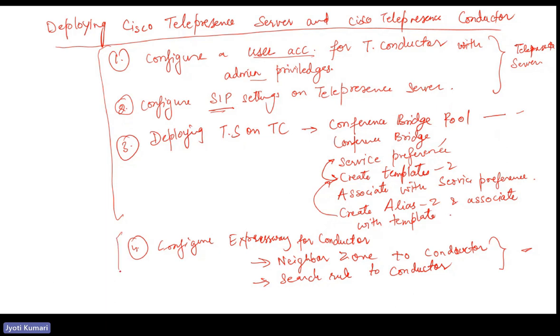And lastly, for it to work, configure Expressway for conductor, and we can configure neighbor zones to conductor and search rules to conductor. Once we have done this part, from our call flow standpoint, the endpoints and Expressway we can use to test our telepresence conferences, and we will test.